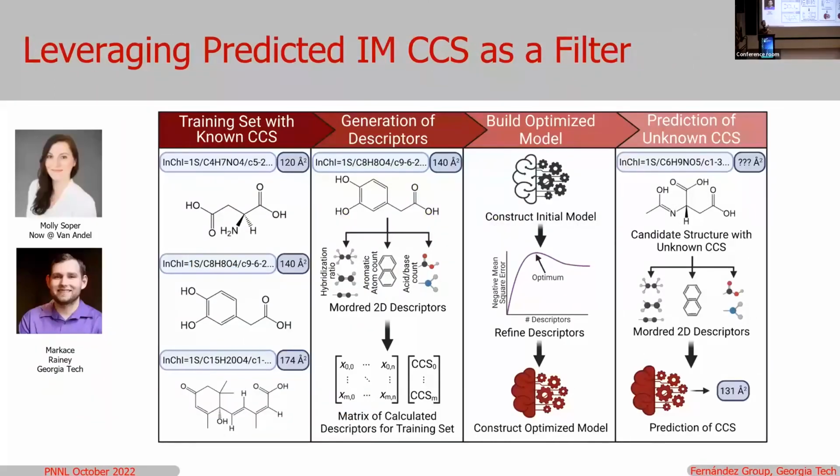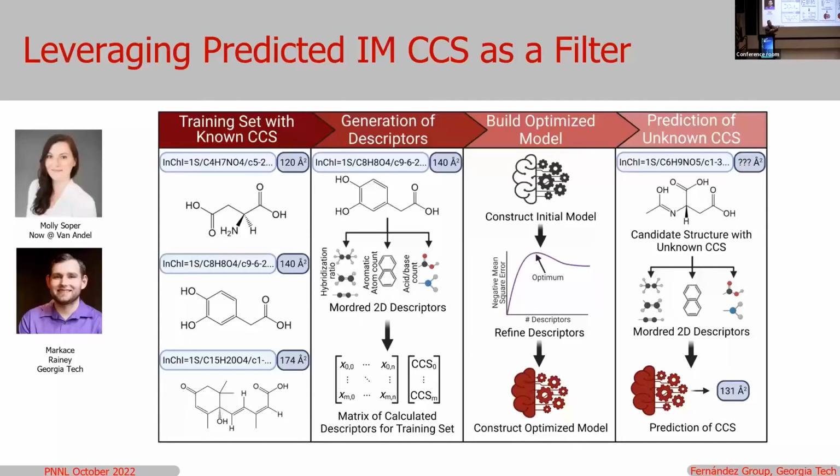So what we do is that we measure collision cross sections experimentally for all the analytes of interest, all the metabolites or lipids of interest. And simultaneously, we build a machine learning model to predict collision cross sections. The way that we do that is that we codify the structure of the molecules using something like the InChI keys. And then we calculate molecular descriptors.